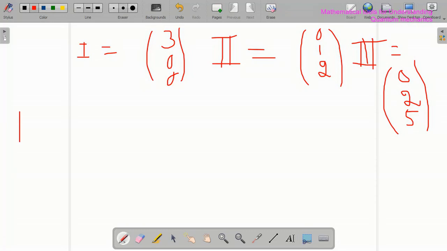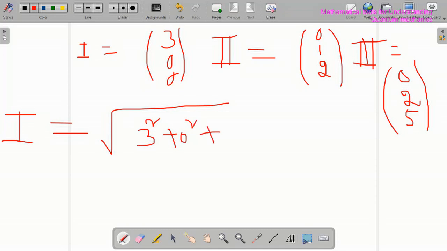First vector, just normalize it. What is the length of this vector? Square root of 3 square plus 0 square plus 0 square, so 3.